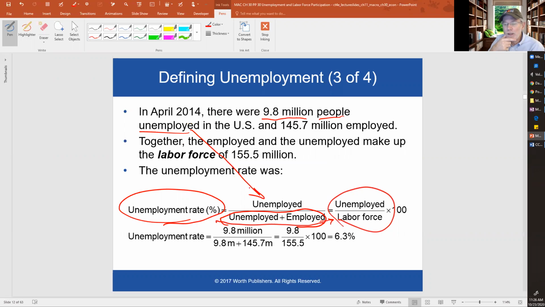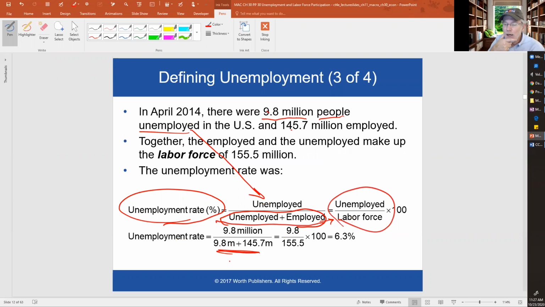The number of unemployed is definitely what you need in the numerator, but what you need in the denominator is the labor force, which again is the number of employed plus the number unemployed. So you're going to have to take this number and this number, add them together as was done here.